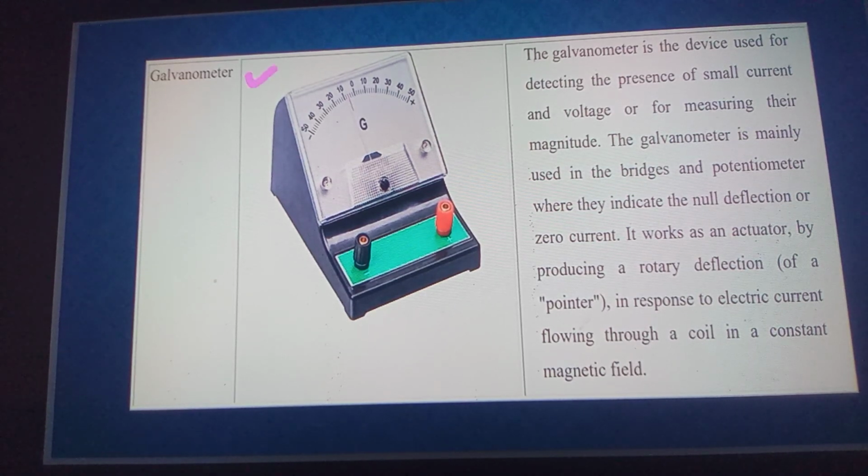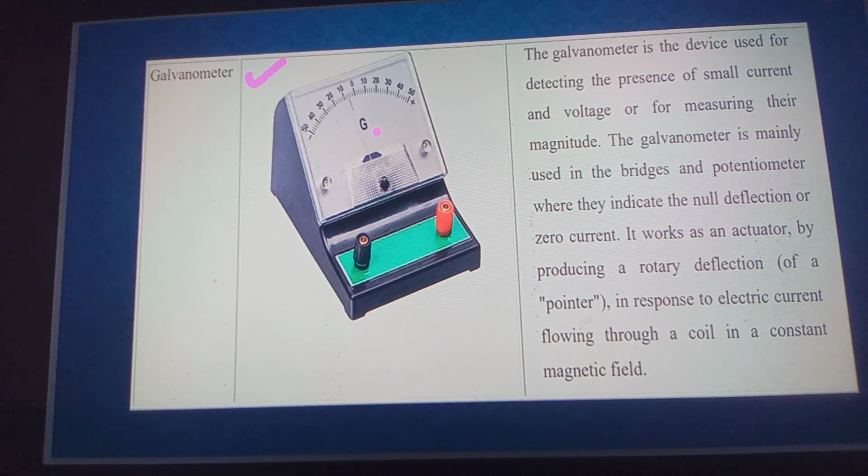Galvanometer. If you try to see these instruments, the voltmeter, ammeter, and the galvanometer, they appear to be the same, but we differentiate them by the symbols. This one, if you see, there is a G in its center.